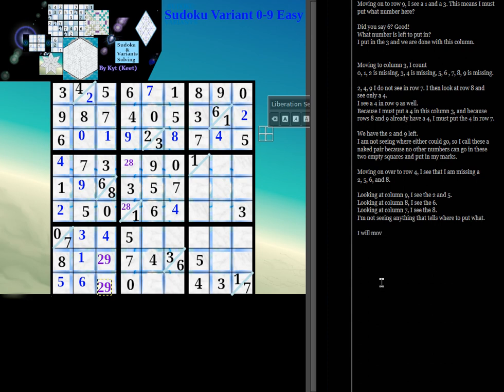I will move on down to row 9. I count 0, 1, 2 is missing, 3, 4, 5, 6, 7, 8 missing, 9 missing.